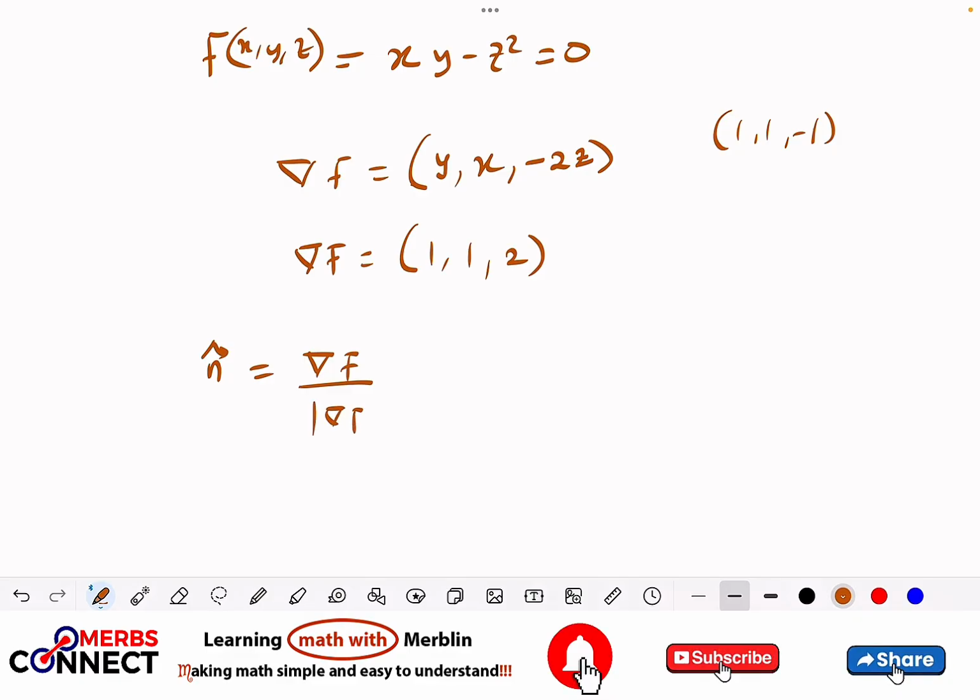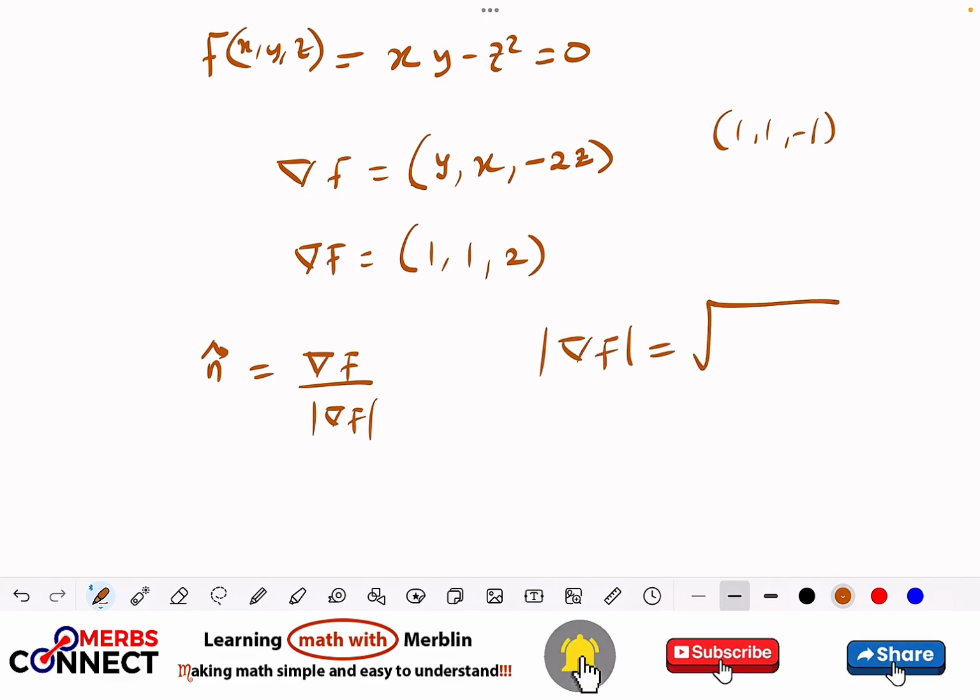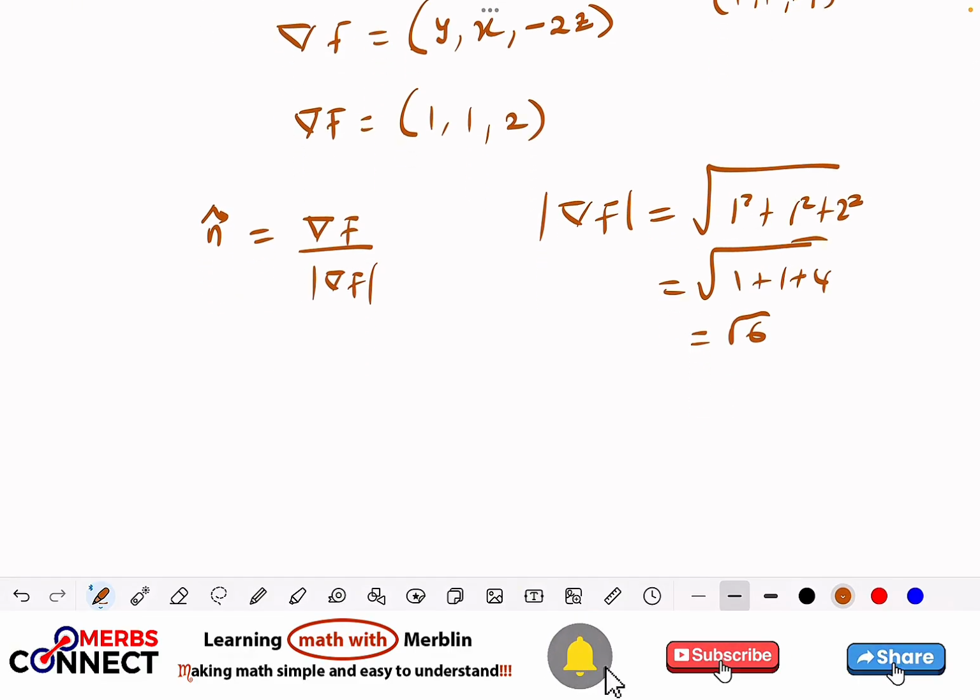So this one is basically like when we are finding a unit vector, right? The vector divided by its magnitude. So let's look for the magnitude of this. What are we going to get? Square root of 1 squared plus 1 squared plus 2 squared. So 1 plus 1 plus 4, and this is square root of 6.